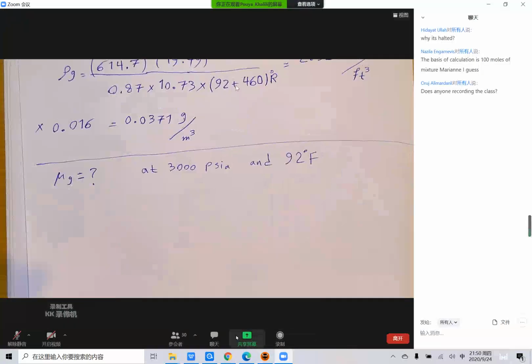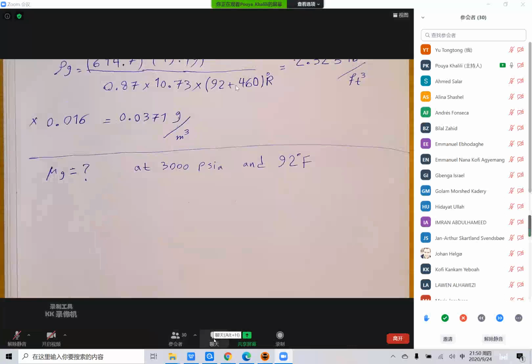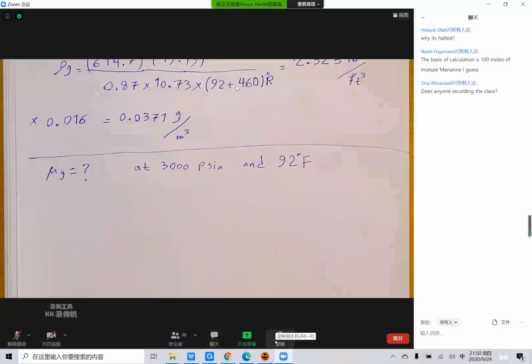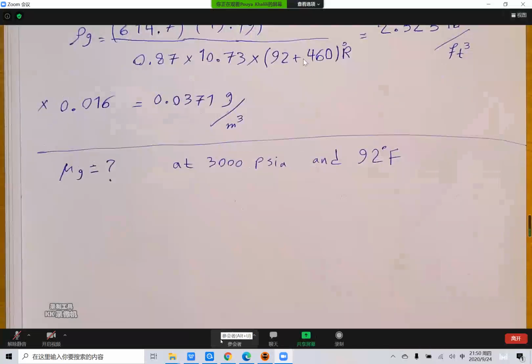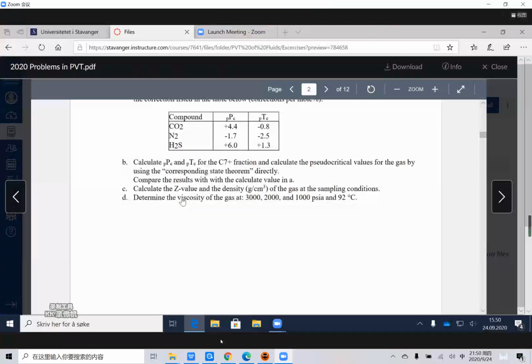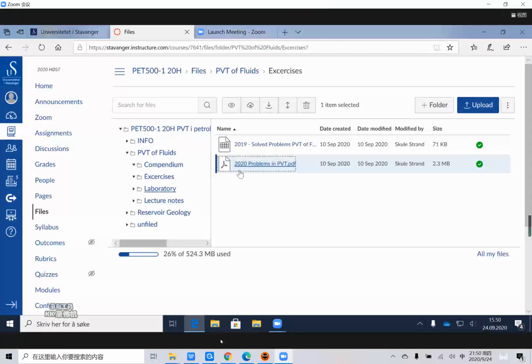So let me show the figure that we have to use to find the viscosity of the gas. You can find this figure in the compendium, figure 8.